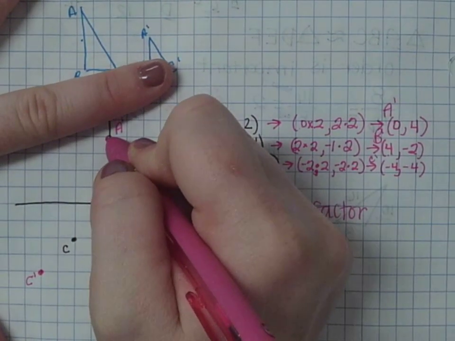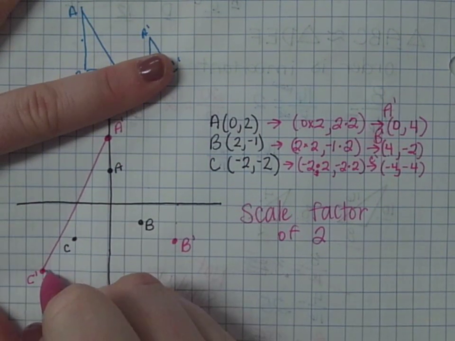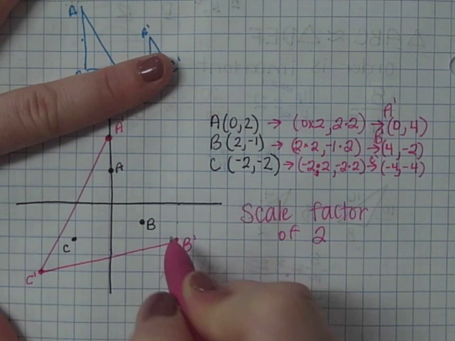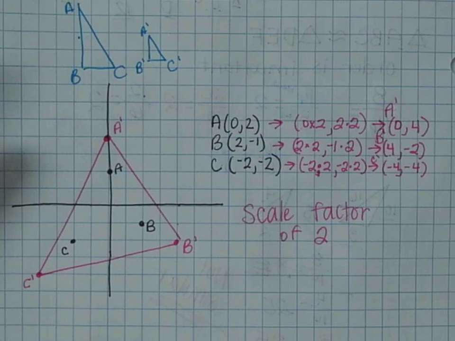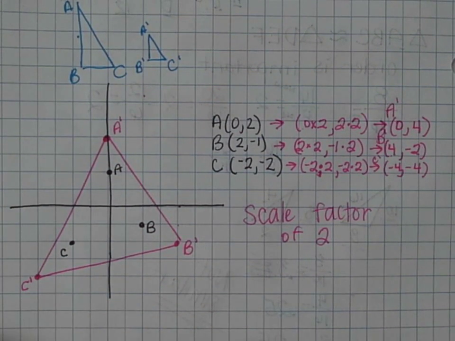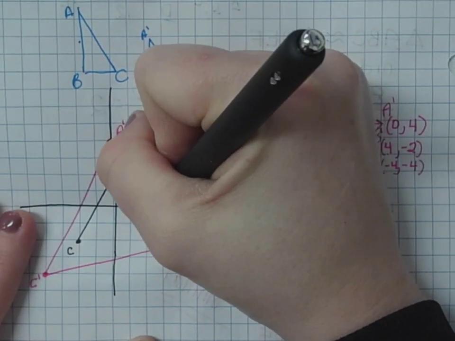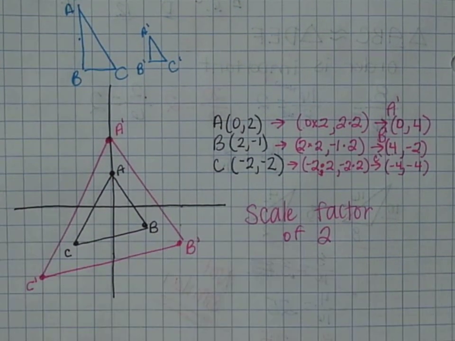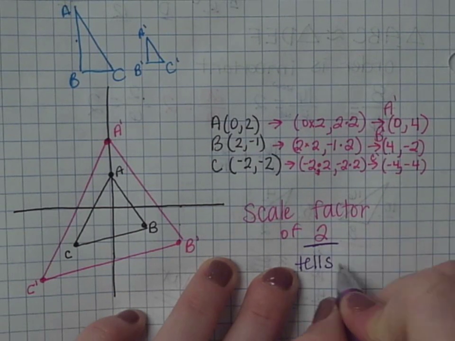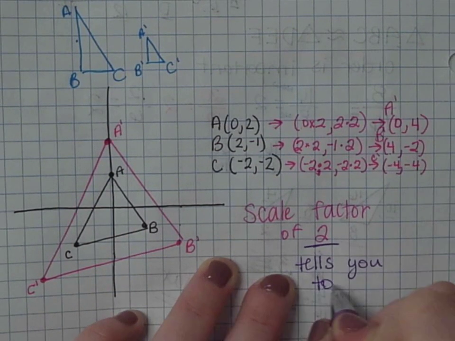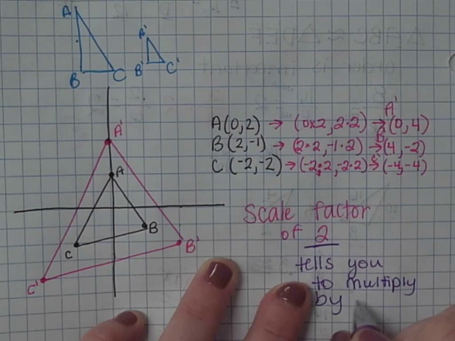So notice that triangle is 2 times bigger. So the scale factor, this number tells you to multiply by 2.